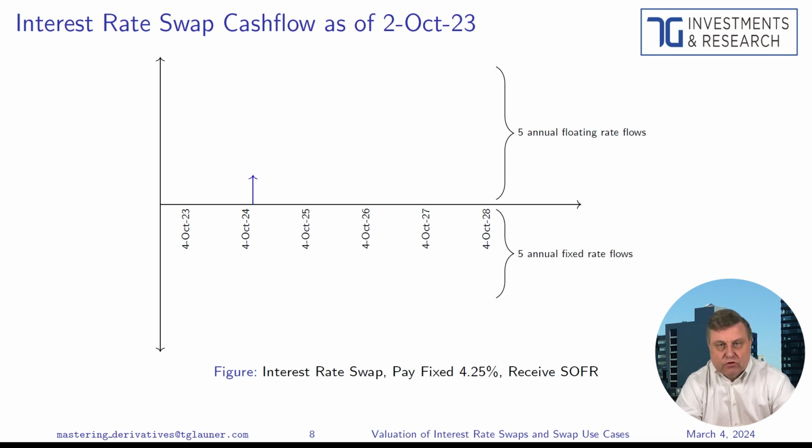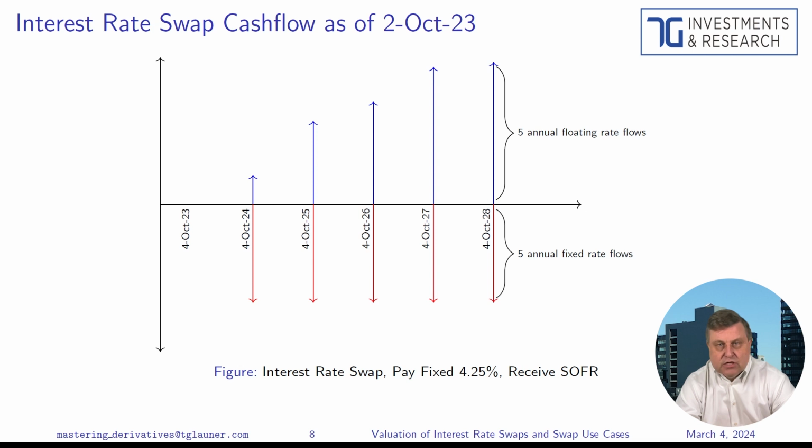The first floating rate flow is smaller than the fixed rate flow due to an upward sloping yield curve, which implies initially higher fixed rate flows than floating rate flows, as the fixed rate is roughly the average of the floating rates adjusted by the time value of money. As we progress through time steps, you'll notice varying levels for floating rate cash flows, while fixed payments remain constant. This illustrates how parties exchange fixed versus floating flows within an interest rate swap agreement.